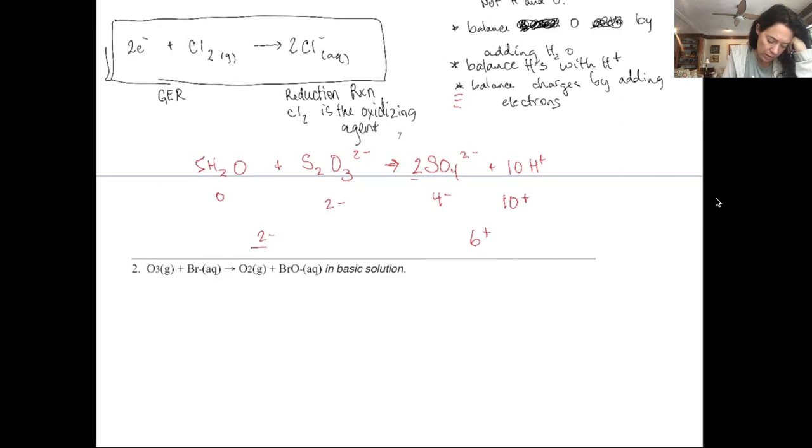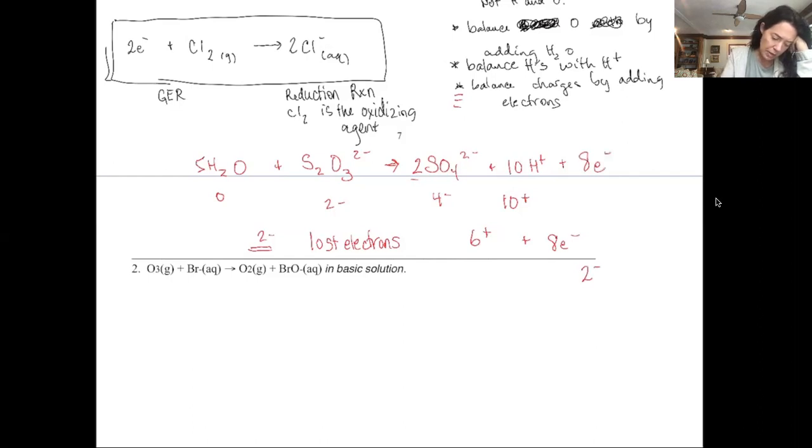So this side must have lost electrons to become more positive. It looks like I need to lose 8 electrons to get me a 2 negative over here. So I'm going to add 8 electrons right there.